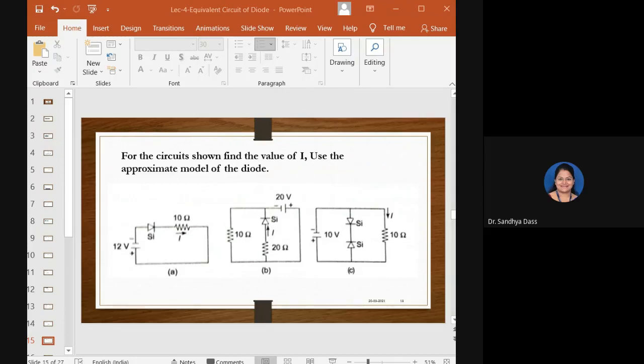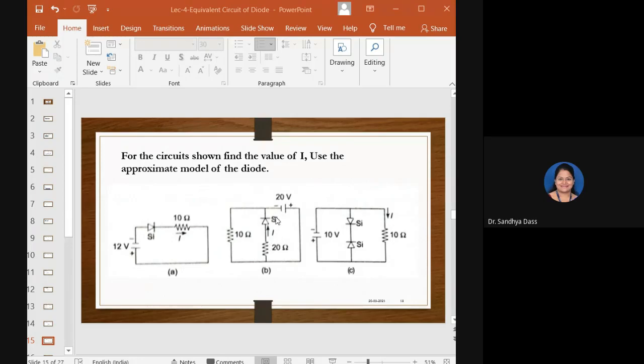Yes, ma'am. Okay. So now coming to B part, circuit B. In the second loop, that is in this loop, observe that the current can flow in the direction as shown here according to the arrow. Now apply KVL.